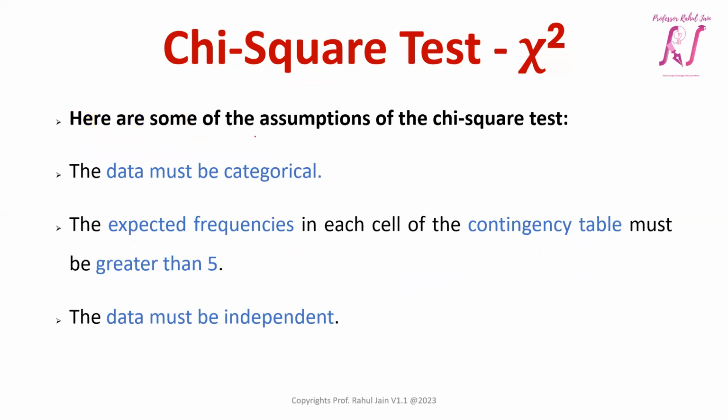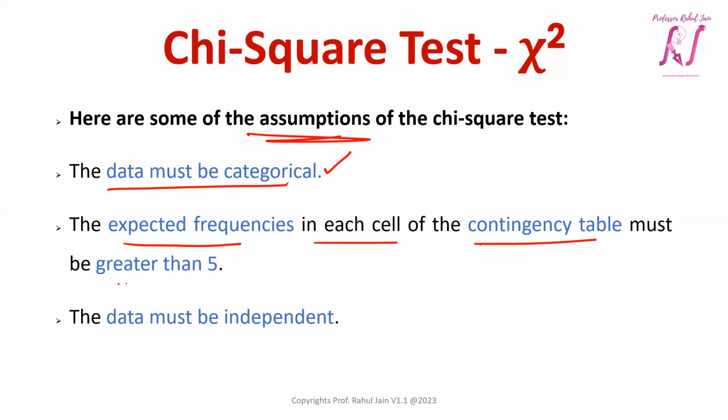Now, some assumptions are there for the chi-square test. The first is that data must be categorical. We are going to see examples where you can learn what I mean by that. The second is that the expected frequency in each cell of the contingency table must be greater than 5, and the data must be independent.